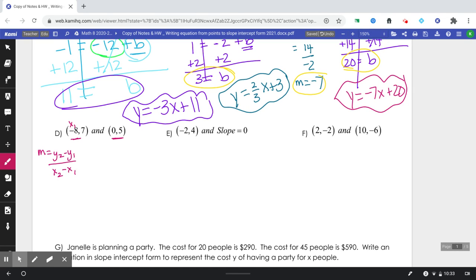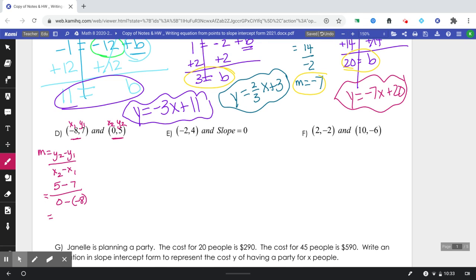Let's call this x1, y1, x2, y2. Okay, we're going to plug in what we know. So y2 is 5 minus y1, which is 7, over x2, which is 0, minus x1, which is minus -8.